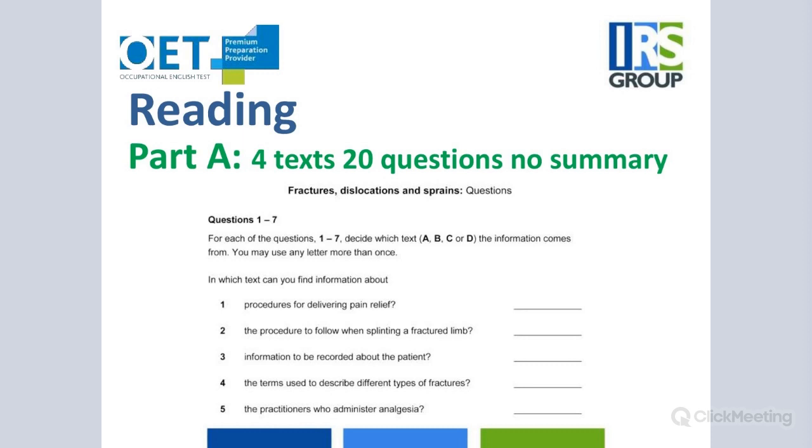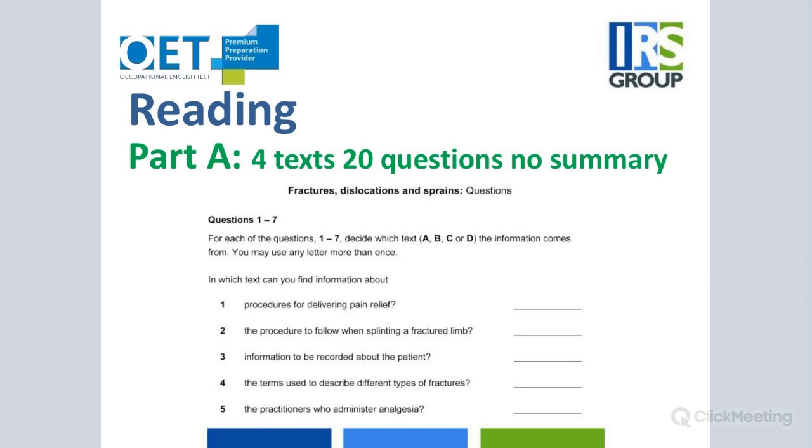Where can you get this answer? From which text? Is it A, B, C, or D? This is what you have to do when you answer Part A, questions 1 to 7.